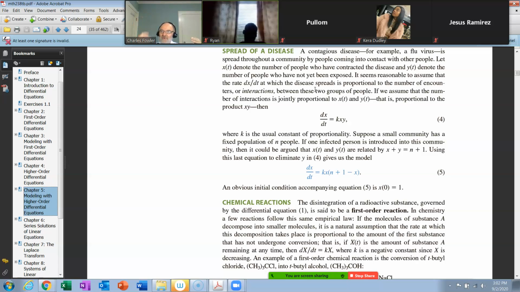But if someone from the first group who currently has the flu encounters someone who has not been exposed yet, that's when the interaction is going to happen. That's when the rates are going to increase. So here, your proportionality is: the rate at which the number of flu cases is increasing, dx/dt, is equal to a proportionality constant k times x, the number who have it already, times y, the number who haven't contracted it yet.